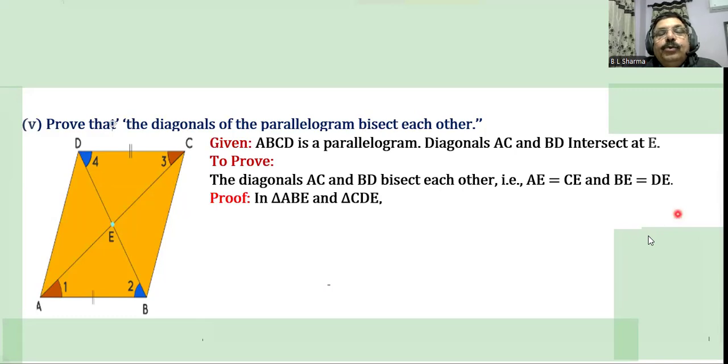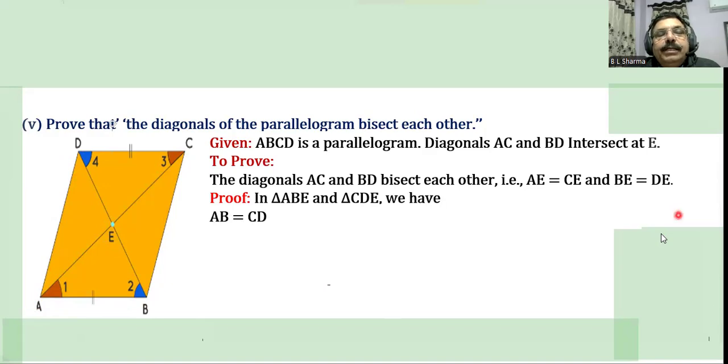We are taking two triangles, triangle ABE, see here, ABE, this triangle and this triangle, triangle CDE. You will see here, are these two triangles congruent? See how?